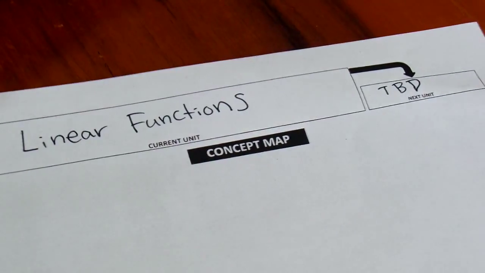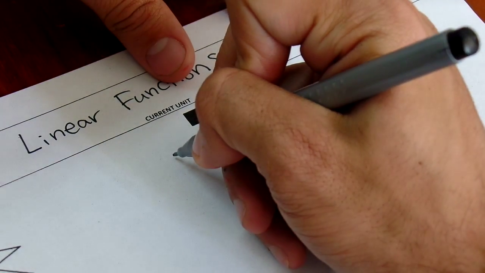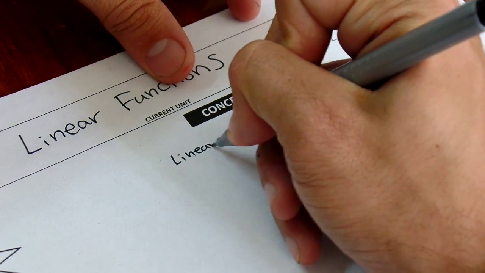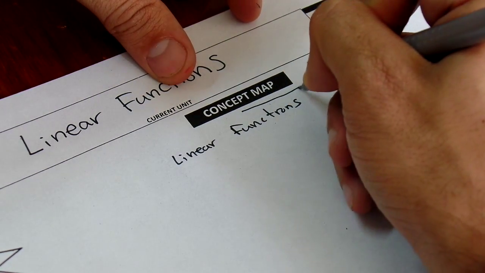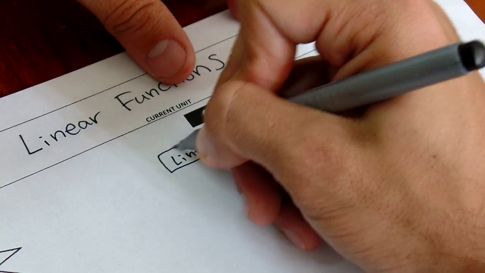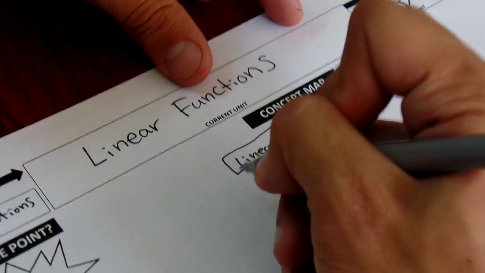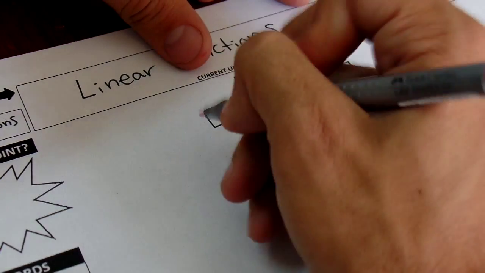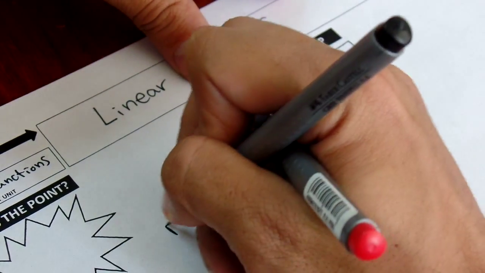Okay, so the idea is we have what is called linear functions. I know, surprising. So with linear functions, we're going to look at first the parts.